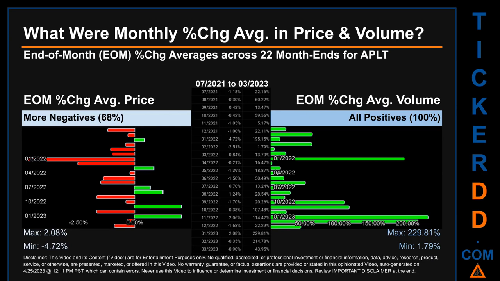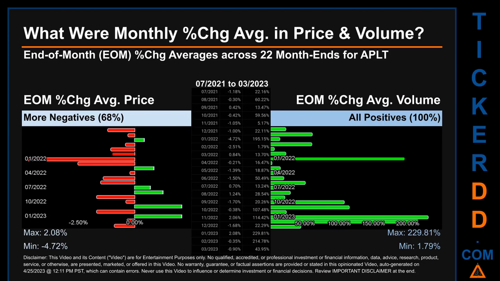What were end-of-month percentage change averages in price and volume for APLT? The monthly average of percentage change in price and in volume were calculated for each of the 22 month ends. That calculation took daily percentage changes and averaged them for each given month. If a month end came out negative, then it means that the month summarily saw a negative change.